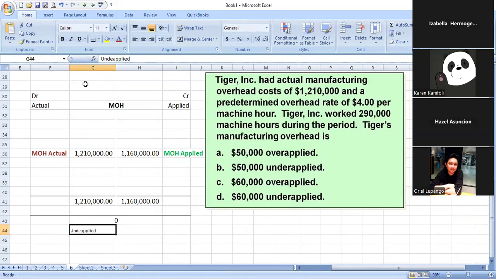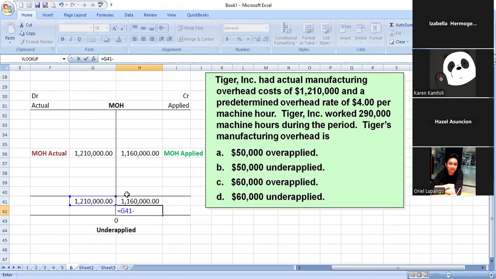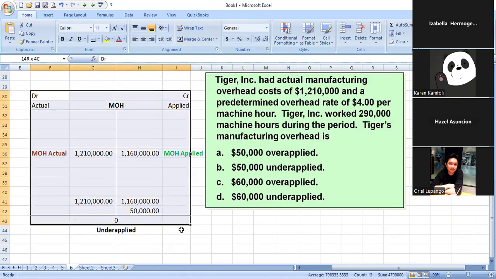So if it's under applied, the question is how much is under applied? Under applied $50,000, right? Letter B will be the correct one. 50,000 under applied. That will be this amount minus that amount. So if the applied is more, it's over applied, right? That's correct. So let's go with the other scenario.